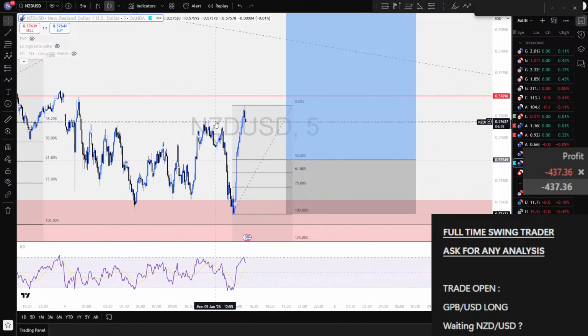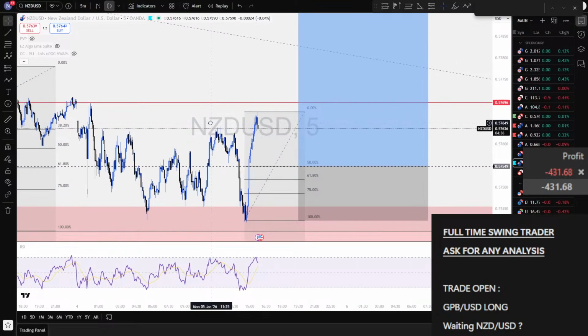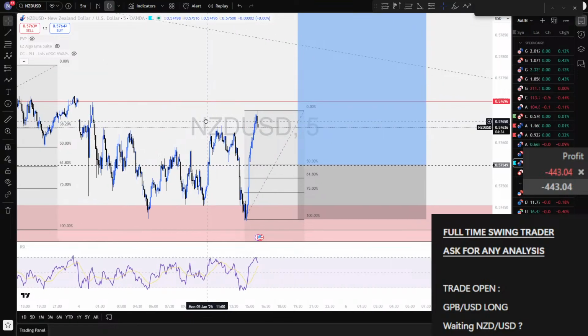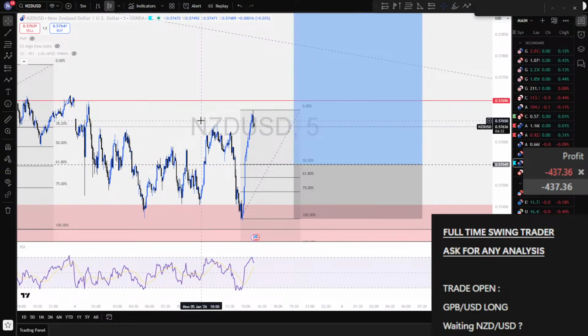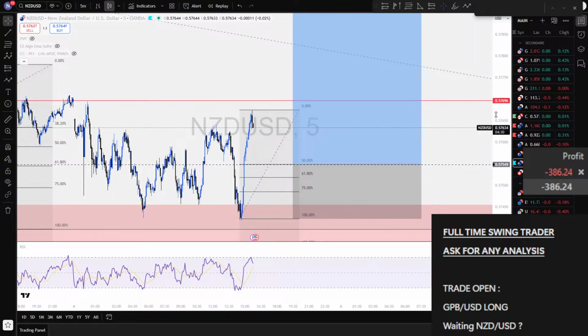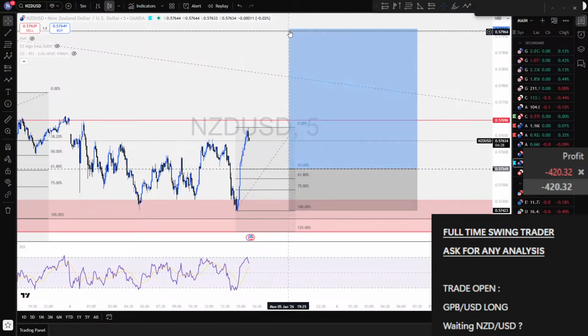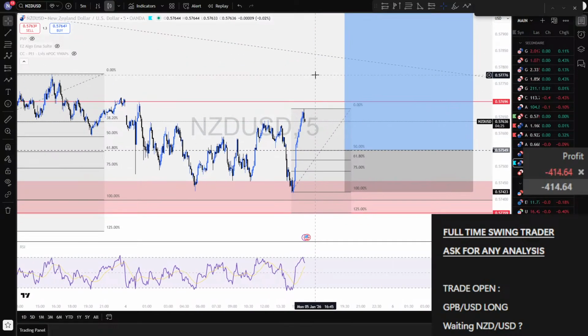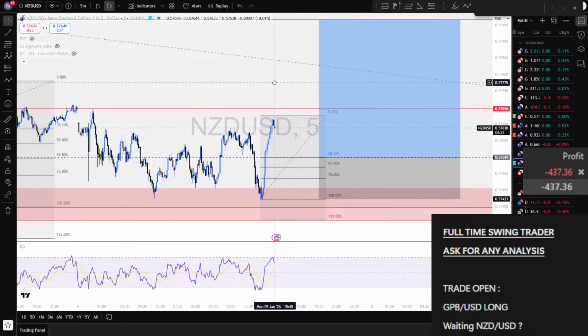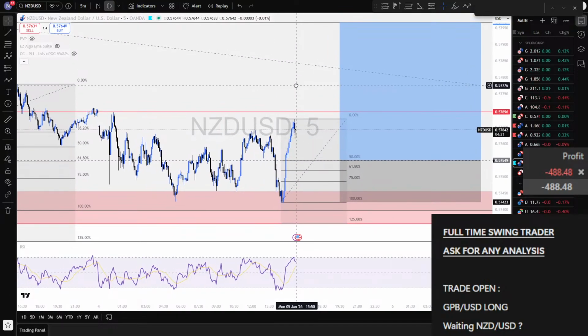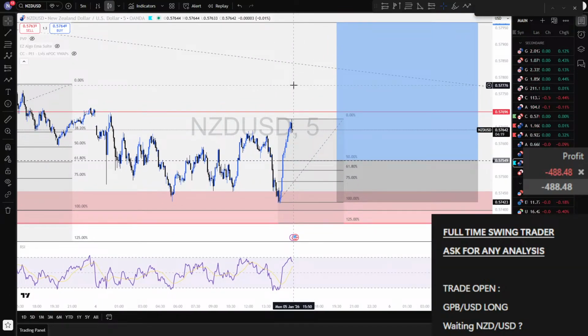And we'll see if the news give me my pullback. And yeah, that's all. Don't hesitate to ask me if you want me to analyze something else. But personally, I'm waiting for NZD/USD and the news in 15 minutes, basically.